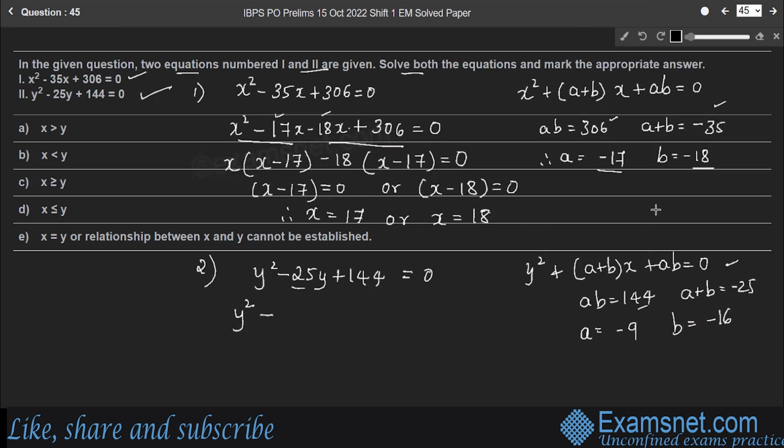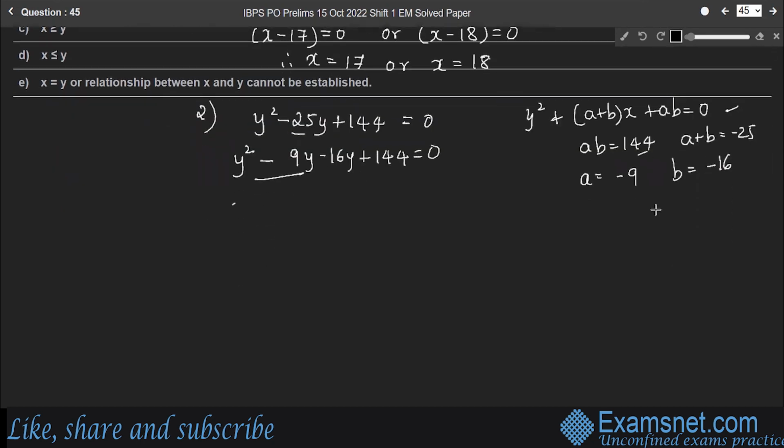y square minus 25y can be written as minus 9y minus 16y plus 144 is equal to 0. Take the first two terms where y is common: y into y minus 9 minus 16 into y minus 9. 16 into 9 is 144, right?